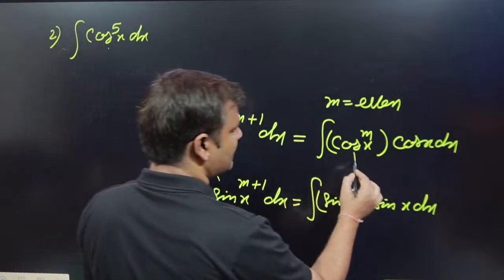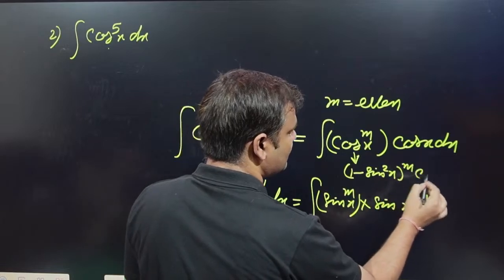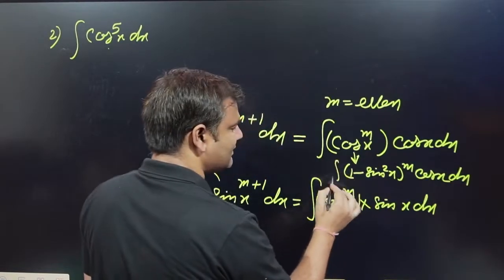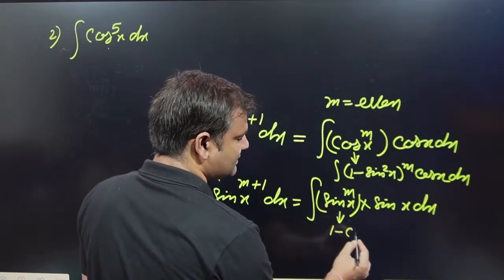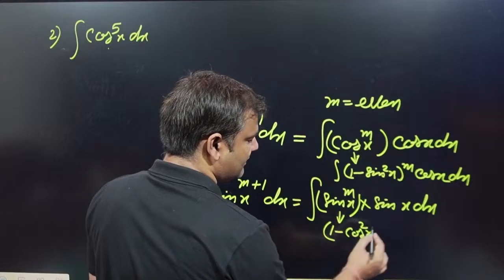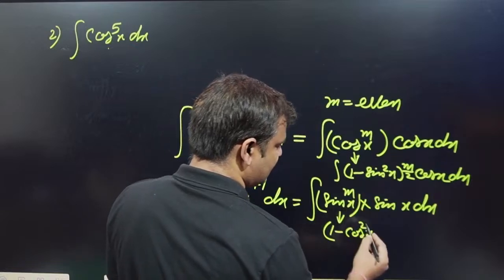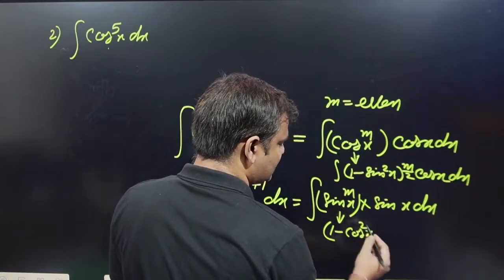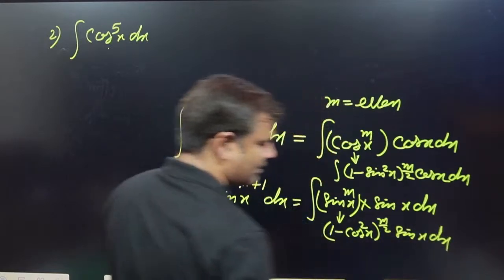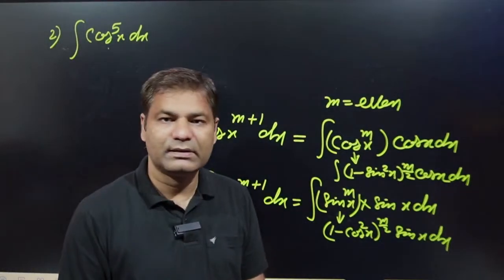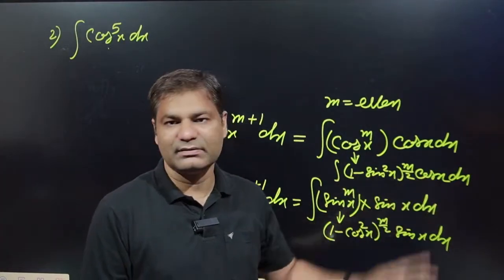So basically this one is converted into how much? 1 minus sine square x to whole power m into cos x dx, and that one is converted into 1 minus cos square x to whole power m into sin x dx. Okay, is it clear? That one is t, so this one is dt. Very simple. Here if this one is t, then that one is dt.